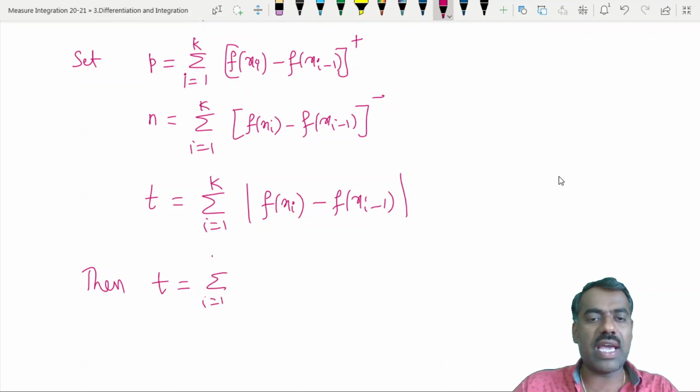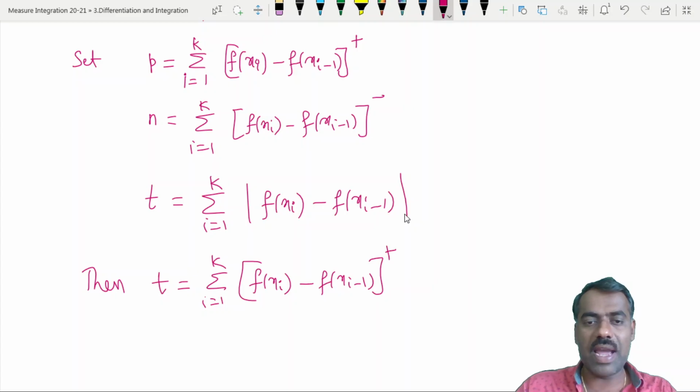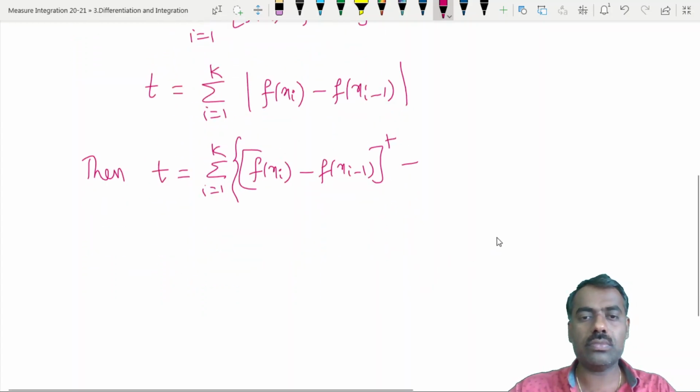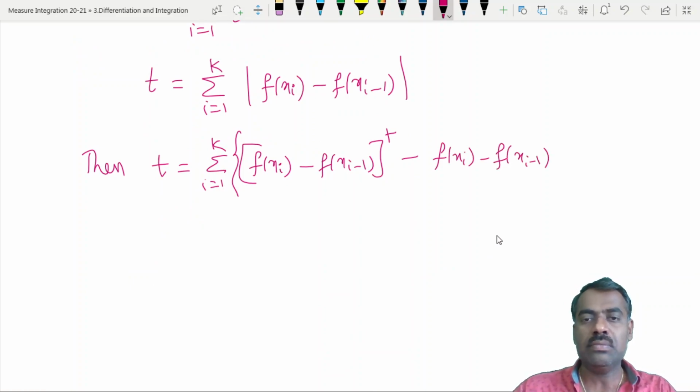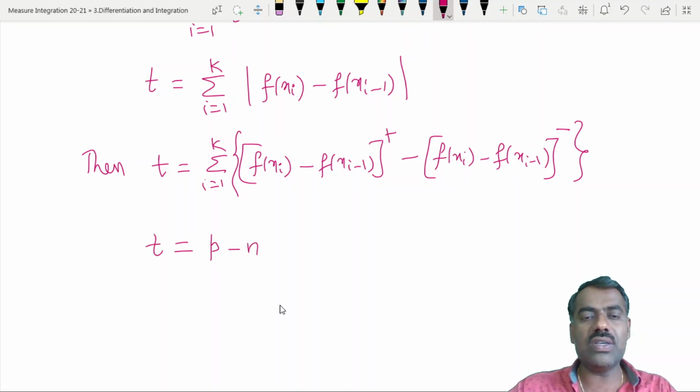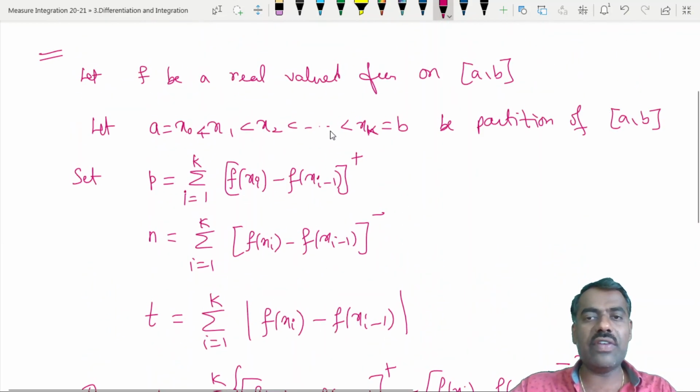Because you can write the summation from i equal to 1 to k of mod f of xi minus f of xi minus 1 as the positive part of this function, minus the negative part of this. Then you take the summation inside, and you get that t is equal to p minus n for any given partition.